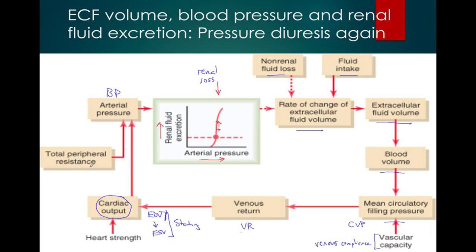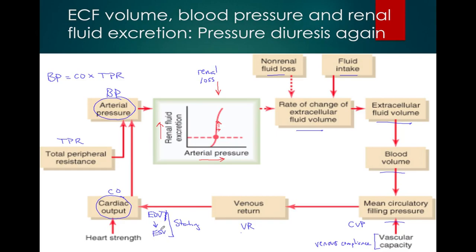And of course, total peripheral resistance plays into that too, because we can always write out Poiseuille's law: blood pressure equals cardiac output times total peripheral resistance. This is TPR here, and here's our cardiac output. So we've got all those things playing together to regulate our arterial pressure. And of course, if our arterial pressure rises, we drop that volume, decrease our central venous pressure, decrease our venous return, decrease our EDV, increase our ESV.